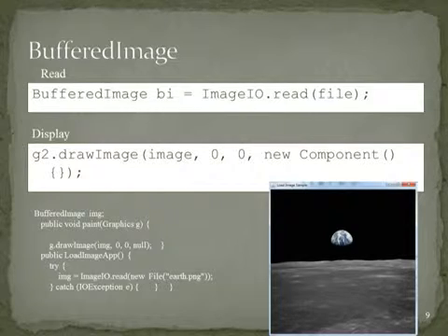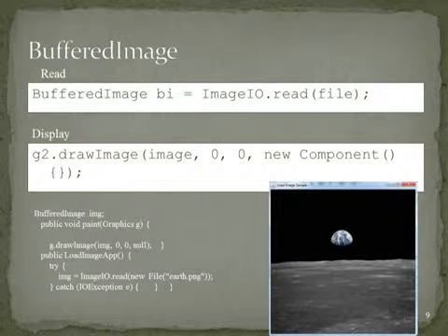To read an image from a file, we can simply call the following statement: BufferedImage img = ImageIO.read(file). And to display an image, we can use g2.drawImage(img, 0, 0, ...) on the Graphics2D.